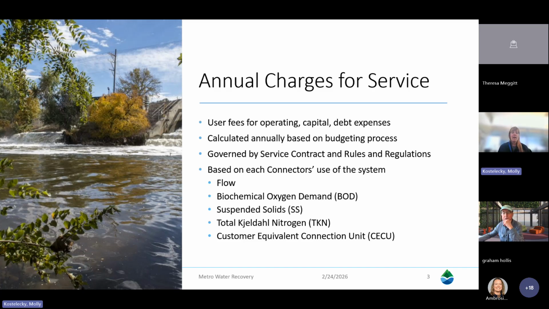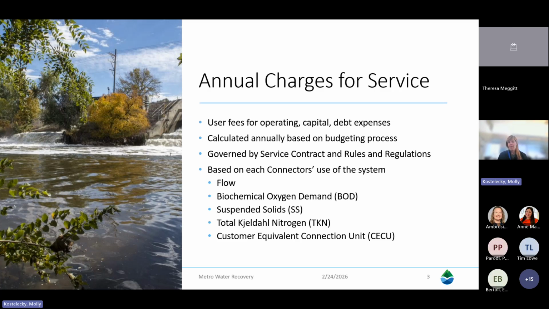And so we are assessing a user charge, and we call those annual charges. We use our user fee or annual charges for service for operating budget, for paying some debt back, and also for capital costs. So it really is all encompassing. It is our primary revenue source. It's not our only revenue source, but it does account for over 70% of our total revenue.